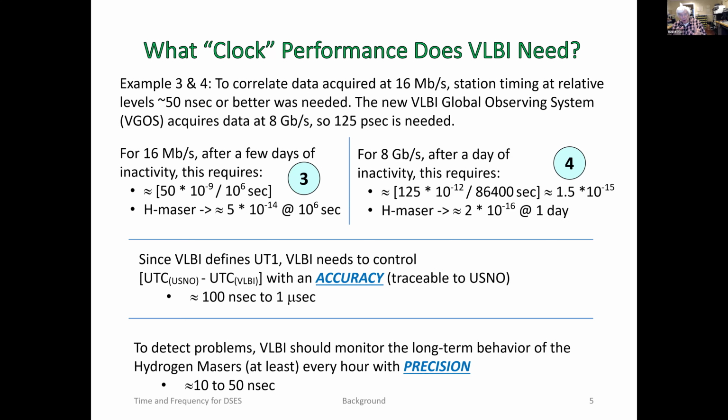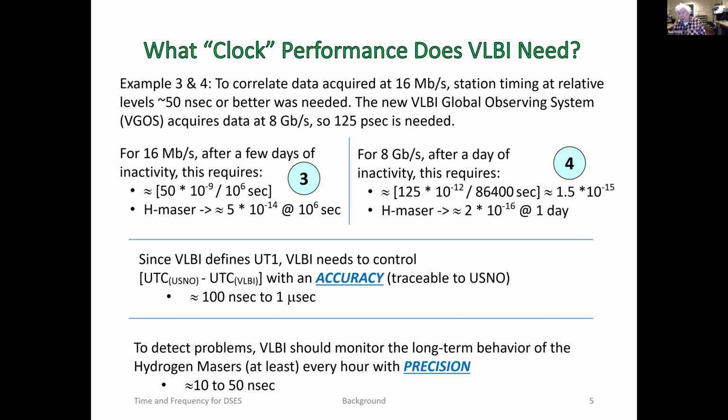And if you turned it off for a few days and turned it back on again and expected it to work, your oscillator had to be 5 times 10 to the minus 14th accuracy after 10 to the 6th seconds, a few days.